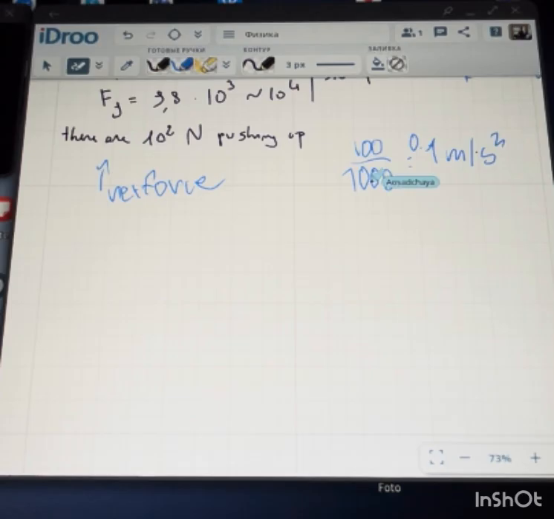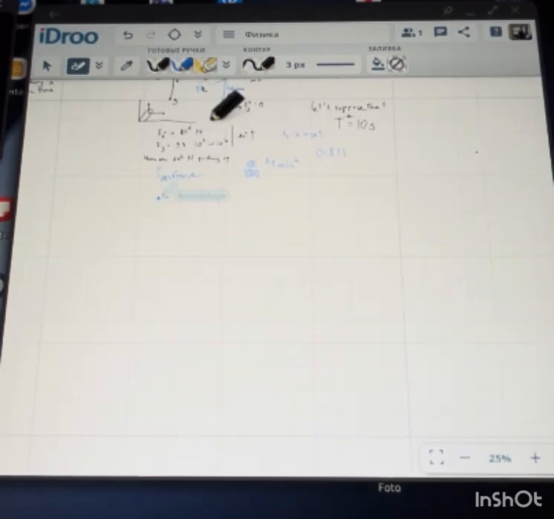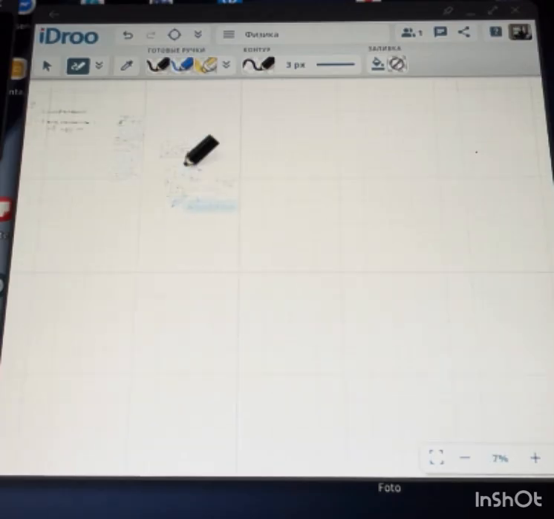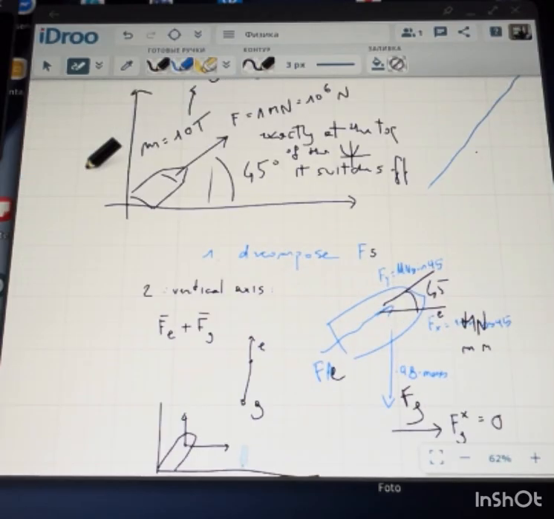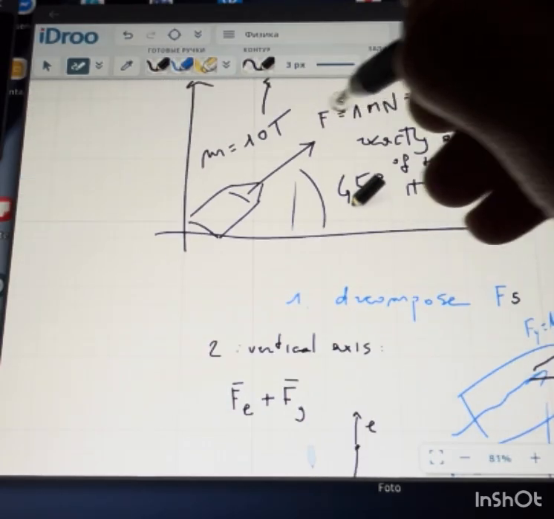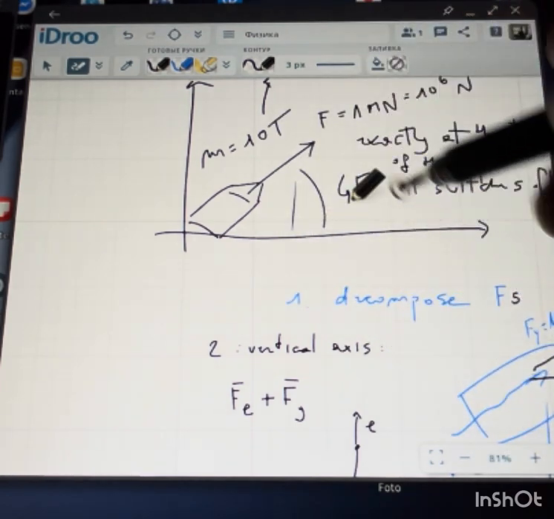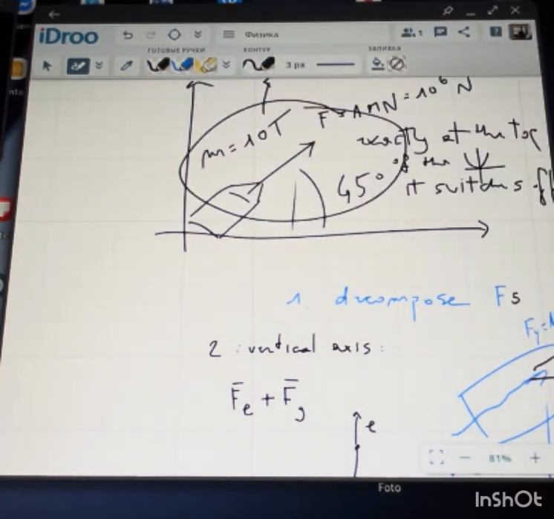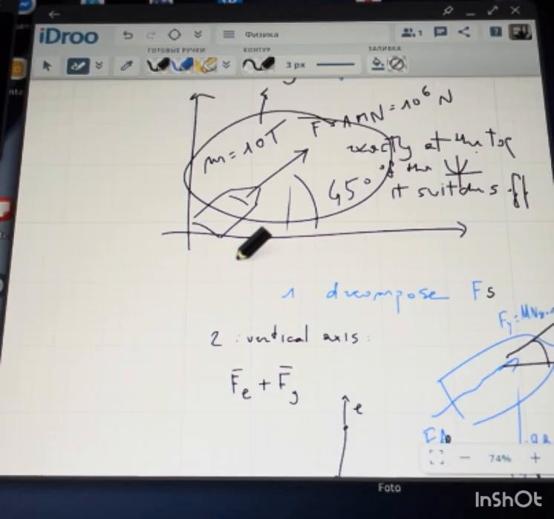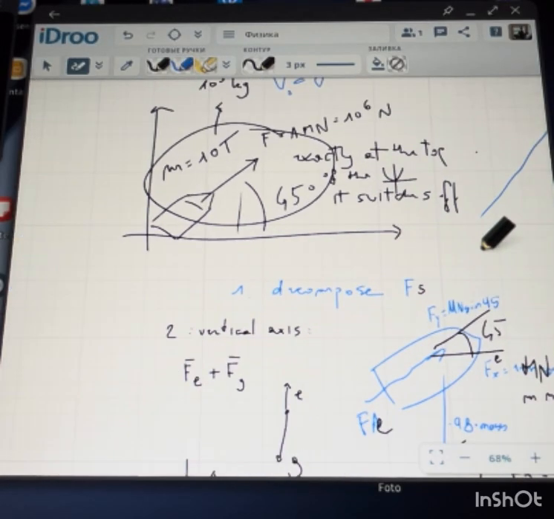So free body diagram. On the x-axis, it's just going forward at the same speed because there is no force acting on it, right? There's going to be no acceleration. Oh, wait, never mind, because it's going to be accelerating.